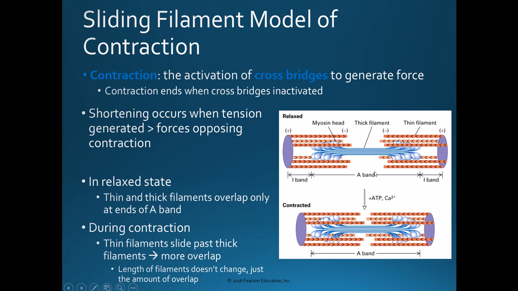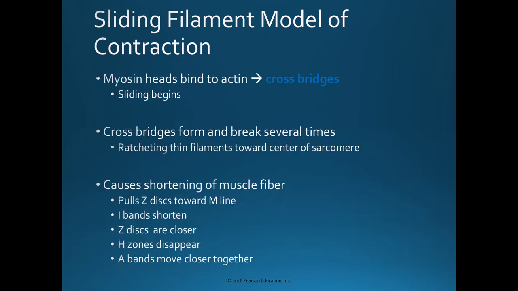The sarcomere then shortens such that more and more of the myosin and the actin overlap. So the actual length of the specific filaments themselves isn't changing, but what's happening is more of it is overlapping. More myosin heads are attaching to actin and pulling it in more towards the middle. And you'll be able to see that really well with the big model that we have in class.